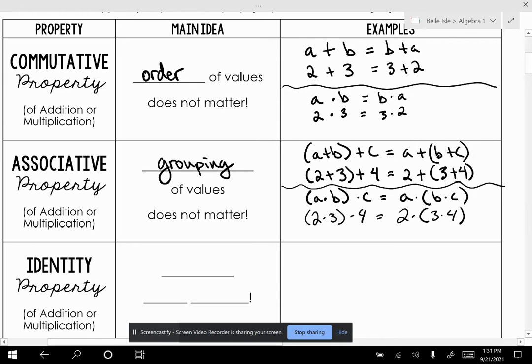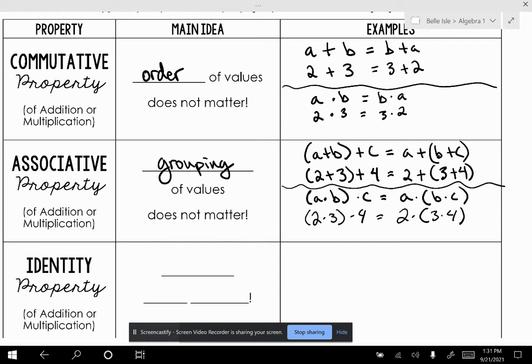Why does that work? Because with addition, you're just putting it all together anyway, or multiplication, the same thing. You're just multiplying them all together. The order that you do those things doesn't necessarily matter.